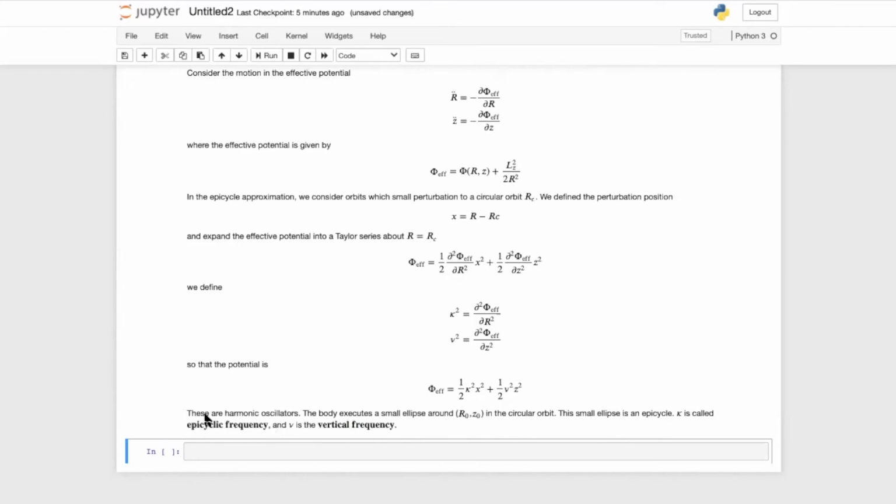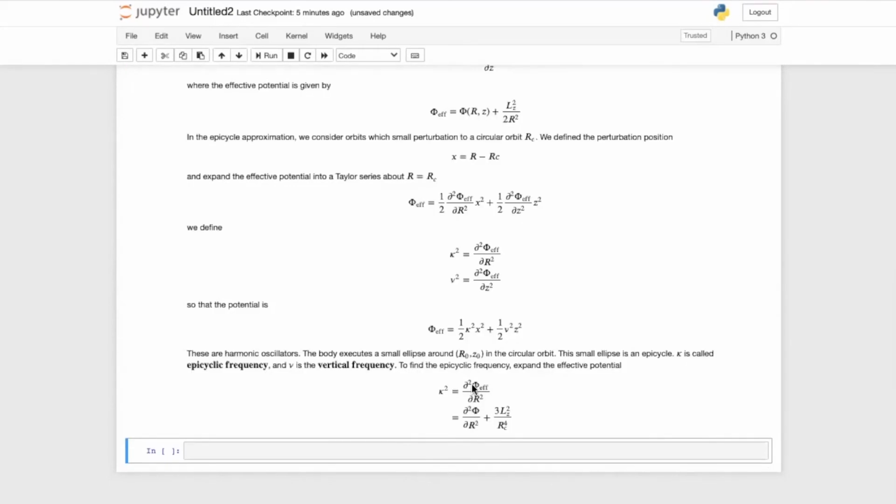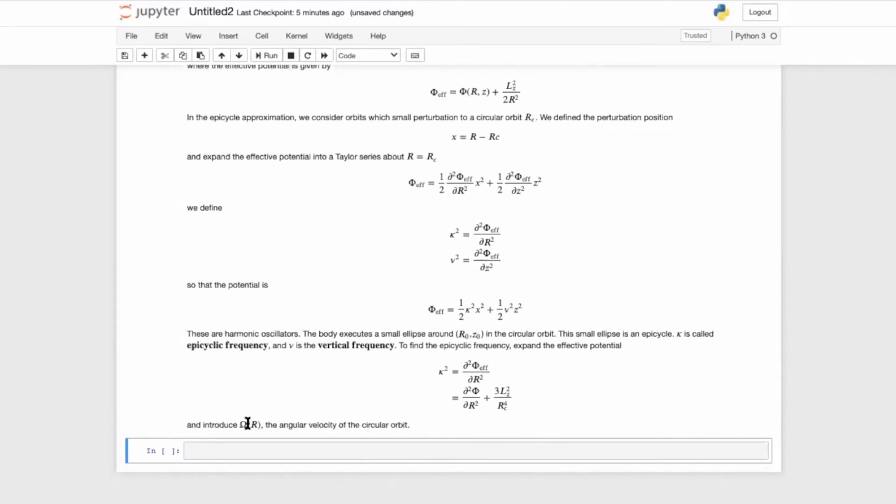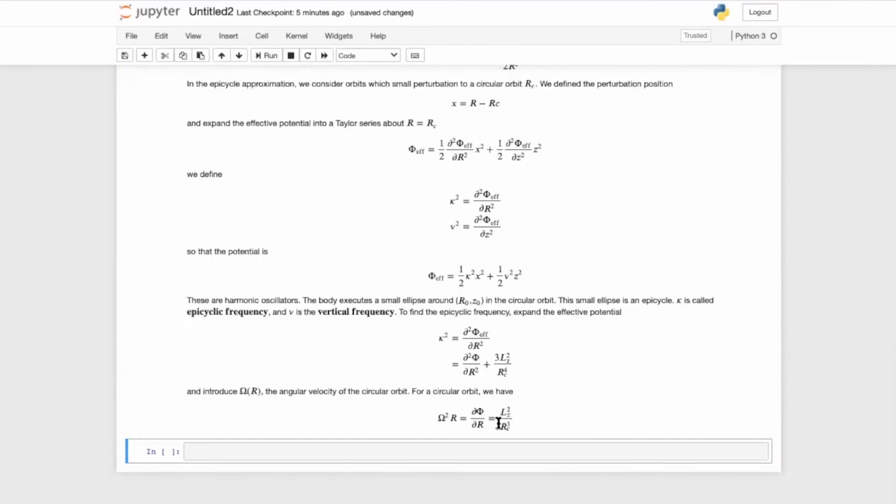Now, to find the epicyclic frequency, let's expand the effective potential, placing here the effective potential given by this equation and just taking the derivative. And let's introduce omega, which is the angular velocity of the circular orbit. So for a circular orbit, this is what we have: omega squared R is equal to the derivative of the potential in radius, which is equal to the centrifugal force.